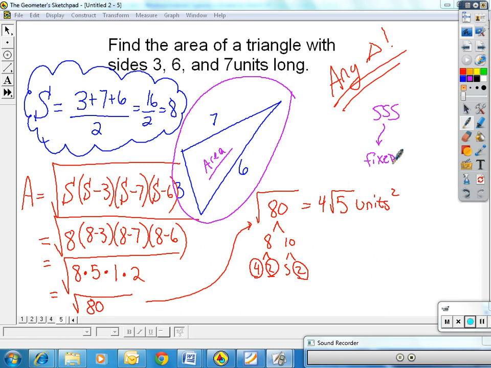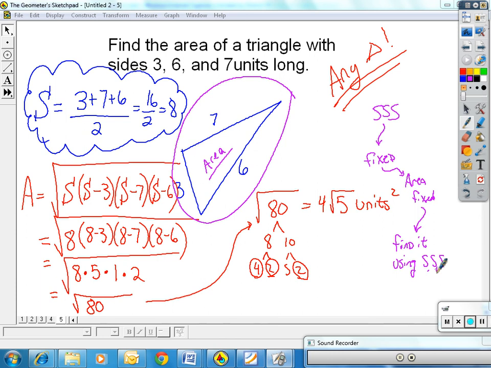There's no more motion, there's no more movement. If I know all 3 sides, it's rigid. And if it's rigid, that means area is fixed. And if area is fixed, that means we should be able to find it using side, side, side information. Okay? So I would hope that you would have that sort of understanding about it.